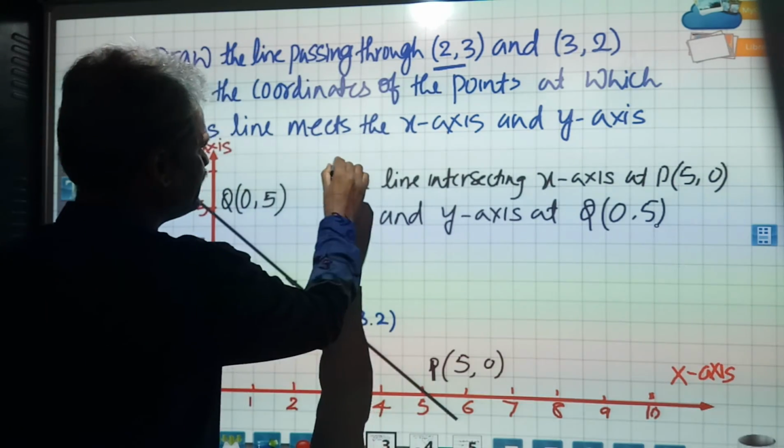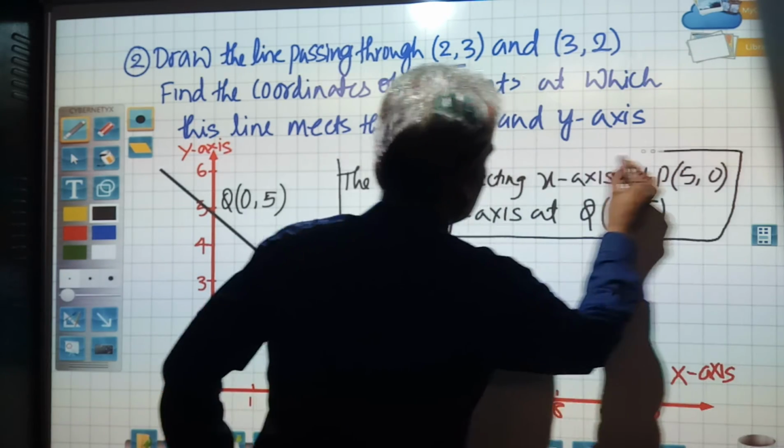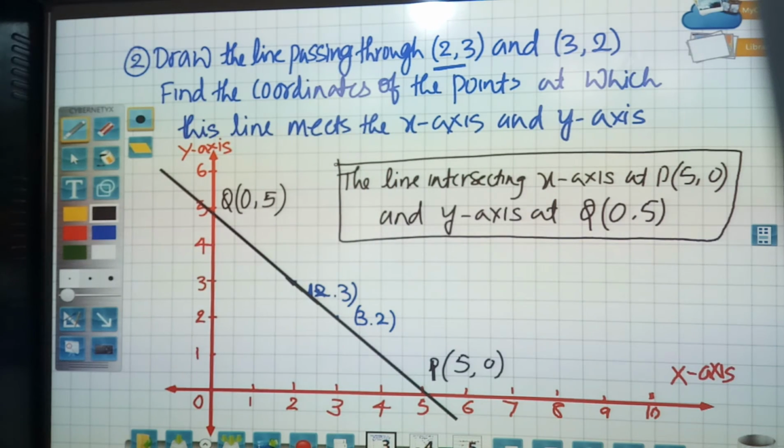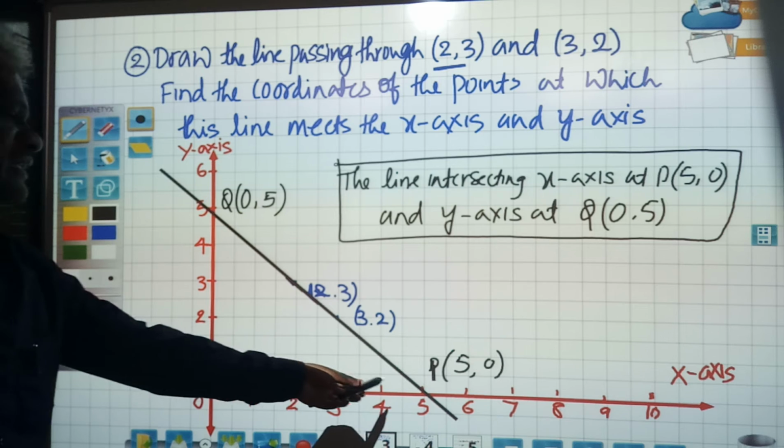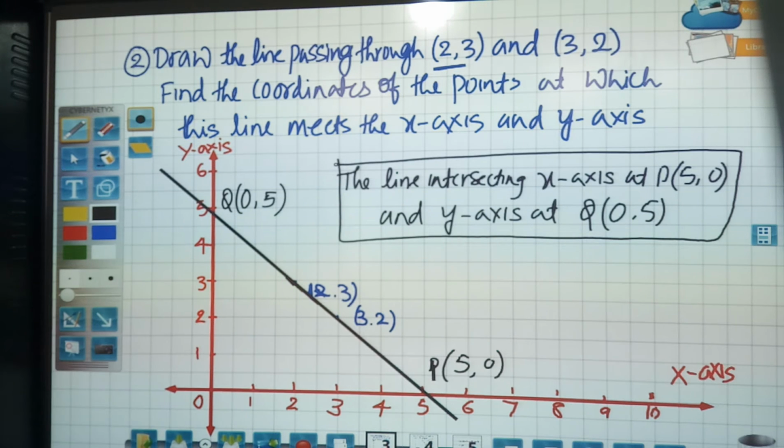So these are the 2 points of intersection. The x-axis is intersected at the point 5, 0 and the y-axis at 0, 5.